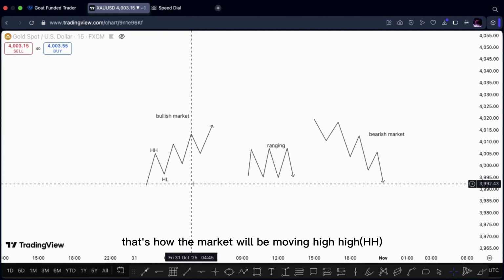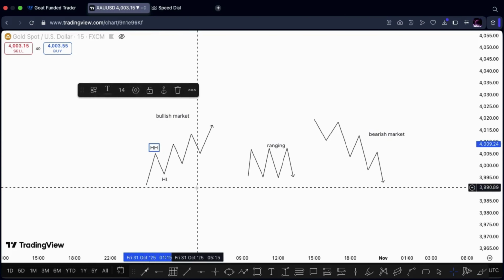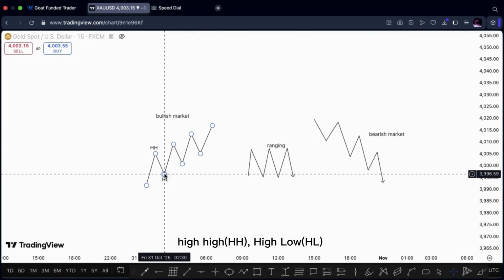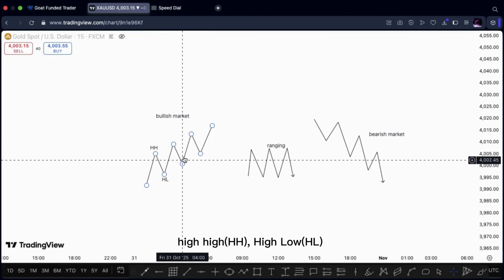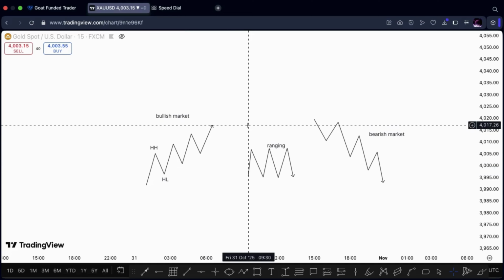That's how the market will be moving. Higher high, higher low, higher high, higher low, higher high, higher low.